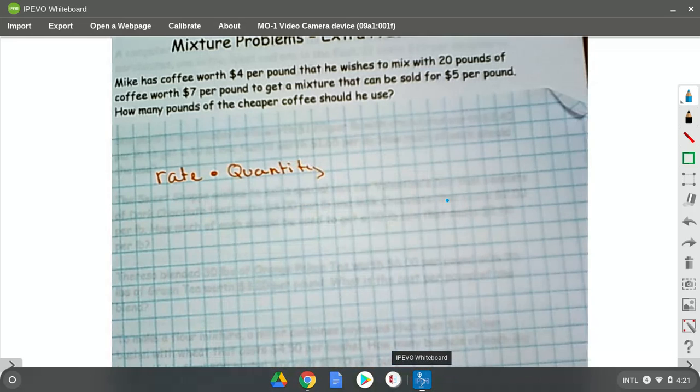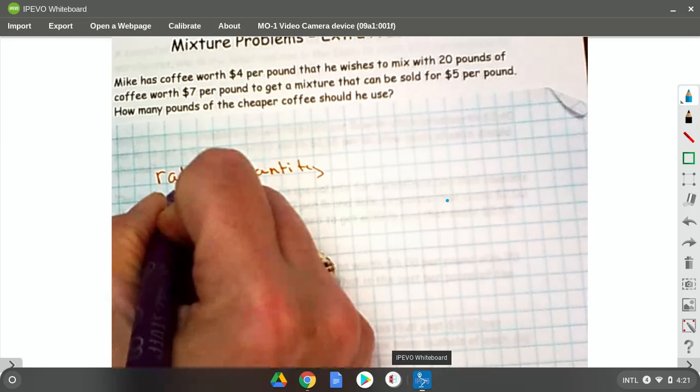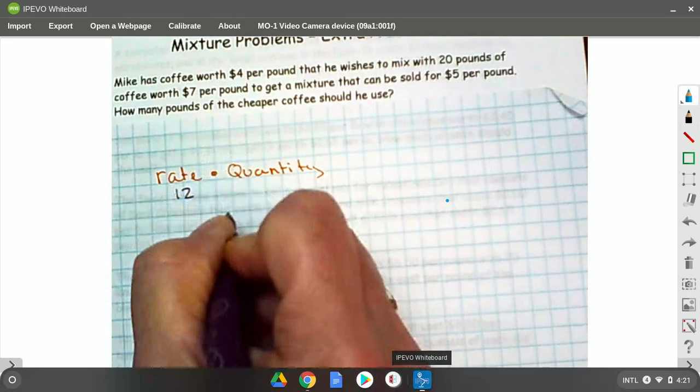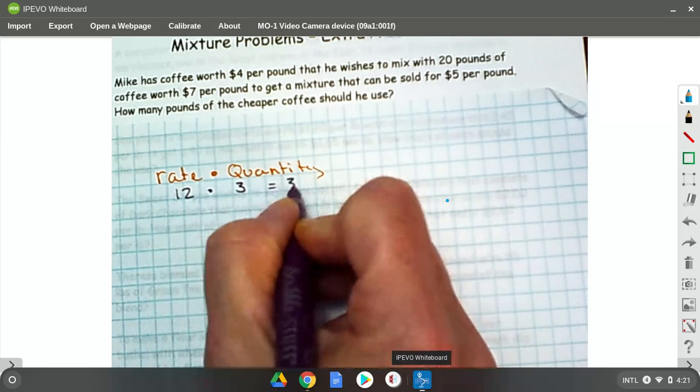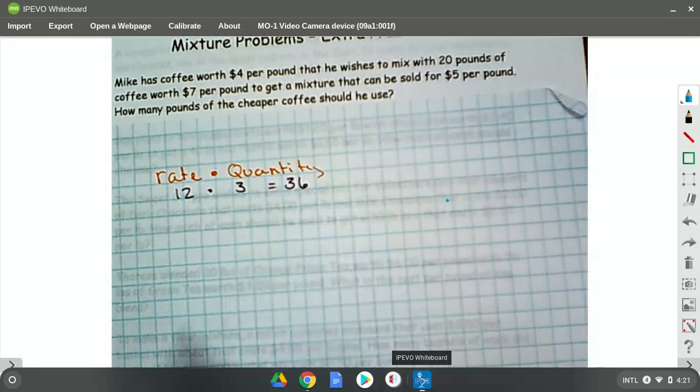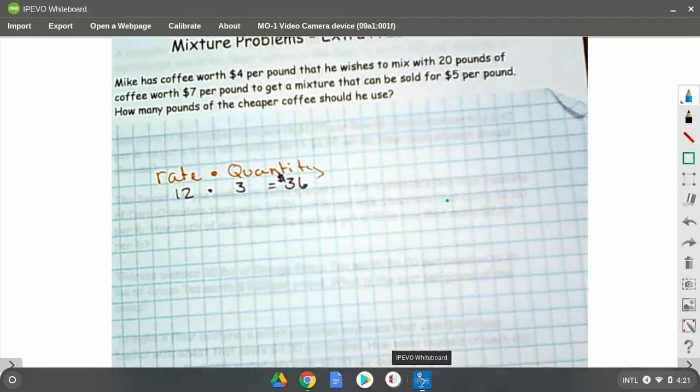Okay, so that's first, rate times quantity. Like if you're getting paid $12 an hour and you're going to work for 3 hours, you know you're getting paid $36 because you have to do the rate of $12 per hour times the quantity of 3 hours, so you get 36 dollars, not hours, right?